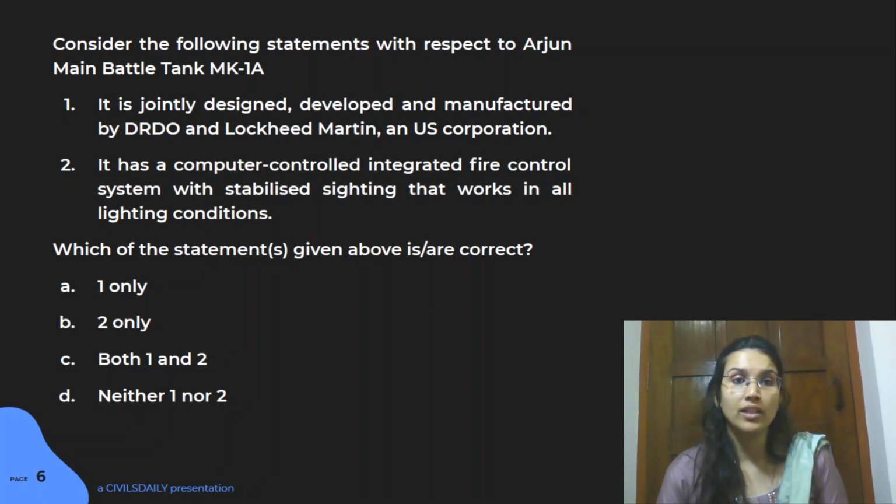And if you look at here, the corporation which it talks about is Lockheed Martin. Now that is also a very popular corporation which has been involved in construction of a lot of defense related equipment. What you can do is look into India's defense sector and see what all things have been produced by this particular corporation. Does India have anything that they have produced?